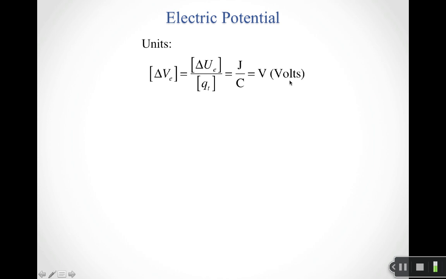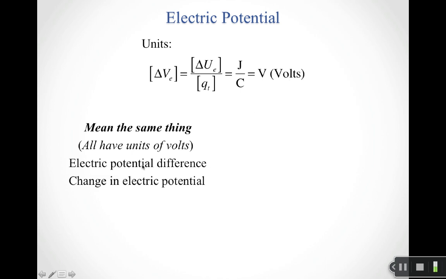From a naming perspective, because this is something that causes a lot of confusion for students, let's make this as clear as we can. There are multiple ways that I can talk about the electric potential, and they all mean the same thing, and they all have volts as their unit. I can talk about the electric potential difference. That's literally just reading this off. Or the change in electric potential.